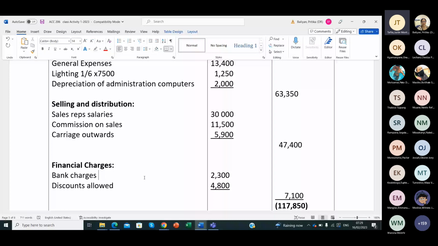So don't write that amount if you see the bank. Yes, that is the bank balance. The balance remaining at the bank is 16,800 and cash at the business premises 1,500, right?